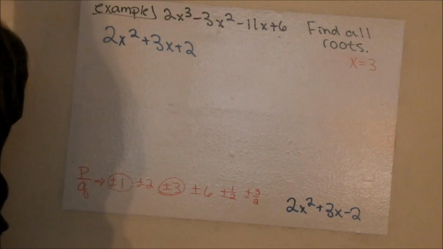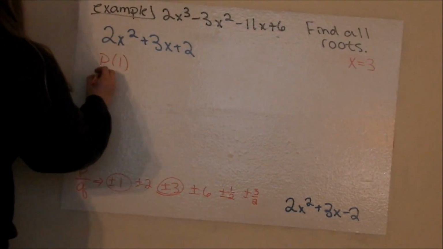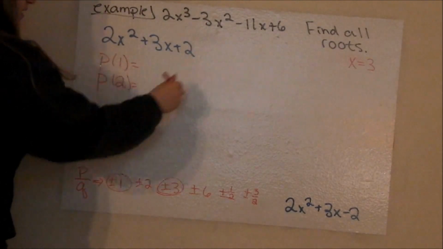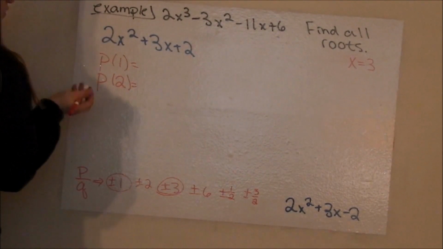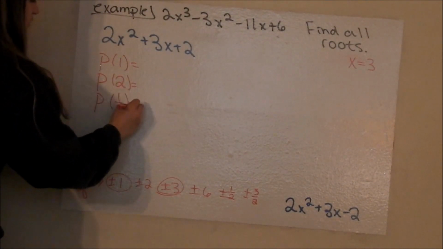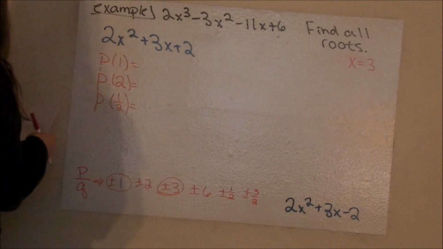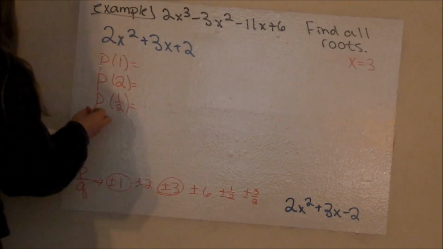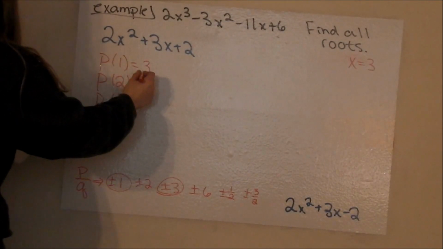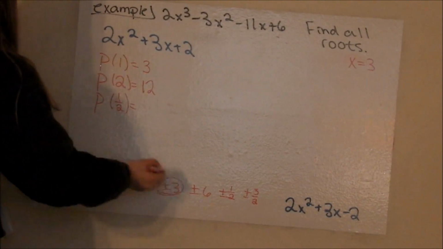So we're going to try p of 1, p of 2. We've already done p of 3, so I'm not going to do that one again. I'm going to keep going down our list, p of 1/2. Forgot 6.